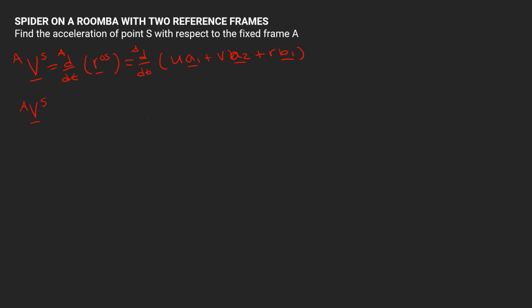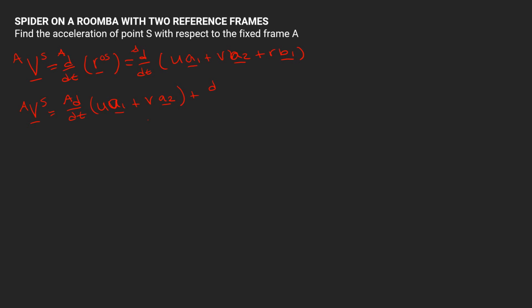And so we have to take the time derivative in frame A, and that's very straightforward if we are simply looking at the first two terms, so UA1 plus VA2.